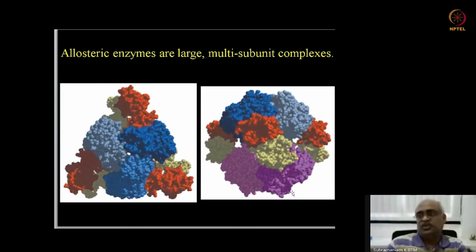And for that sort of non-covalent interactions and orienting the substrate and desolvation and so on, to bring about all of that in a very stable manner, you need large molecules. That's why enzymes tend to be large molecules. These allosteric enzymes are an order of magnitude larger because they have multiple subunits, because some act as regulatory subunits, some act as catalytic subunits.